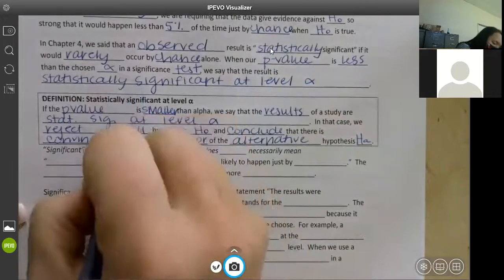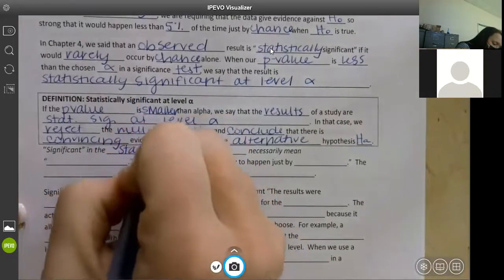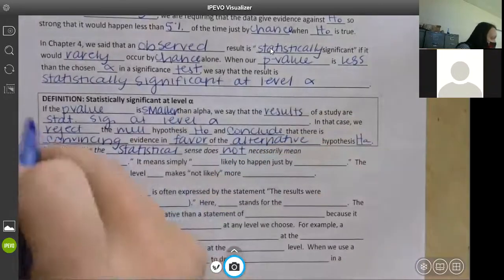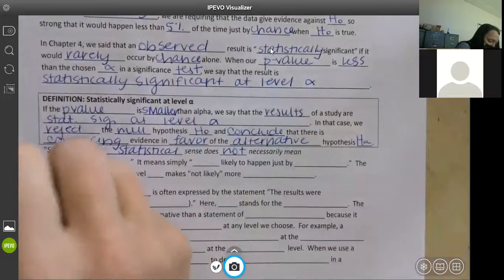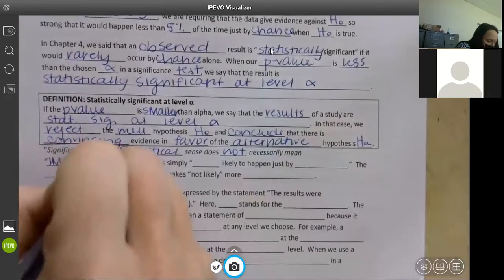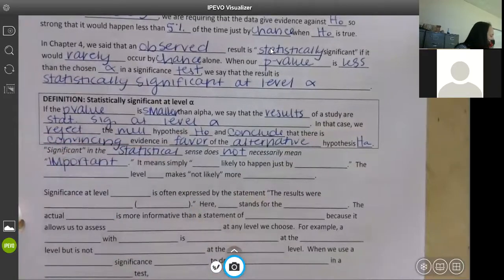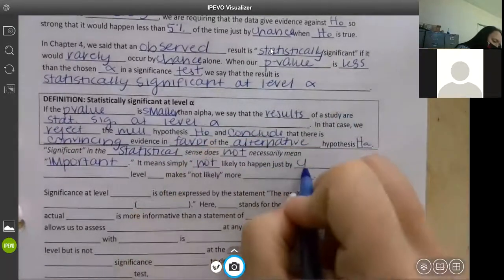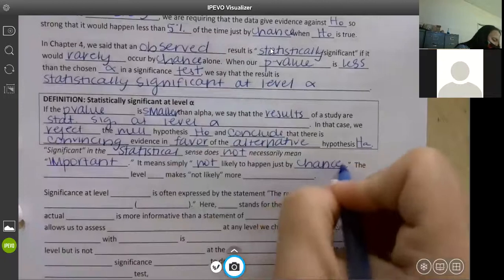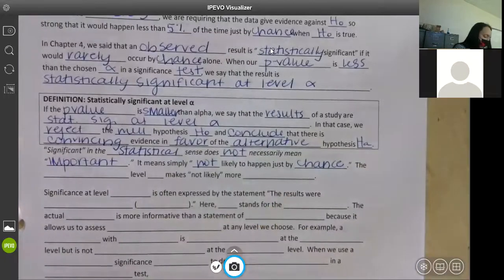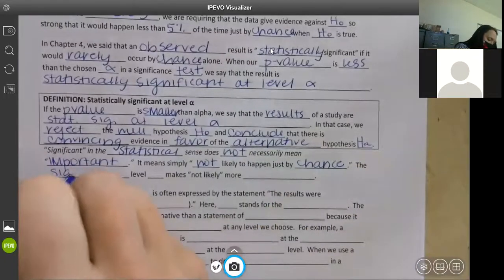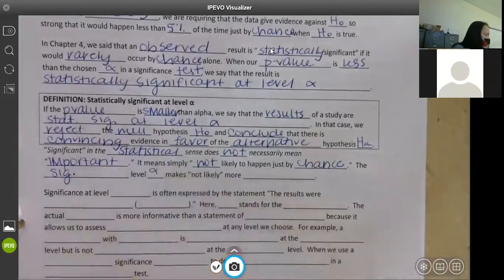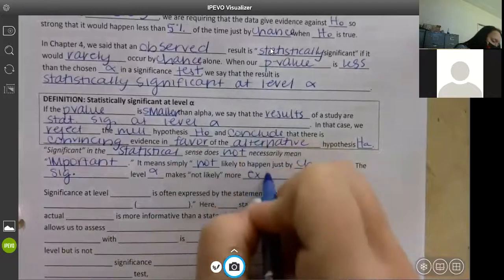Significant in the statistical sense does not necessarily mean important. It means simply not likely to happen just by chance. The significance level alpha makes not likely more exact.